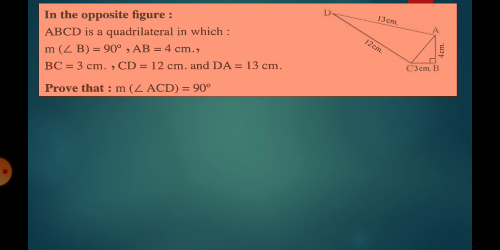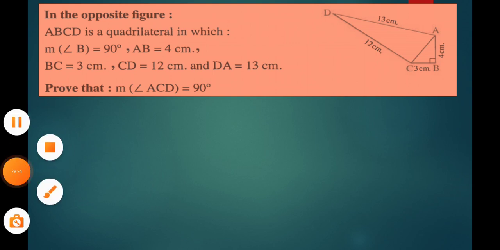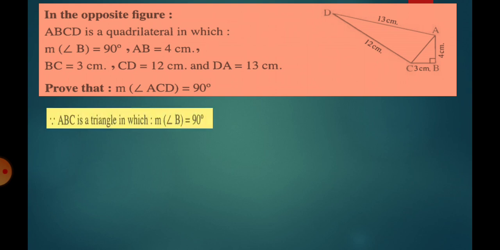Look at the triangle ABC. We already know that the measure of angle B equals 90 degrees. So we can find the length of AC using the Pythagoras theorem in the triangle ABC, since the measure of angle B equals 90 degrees.